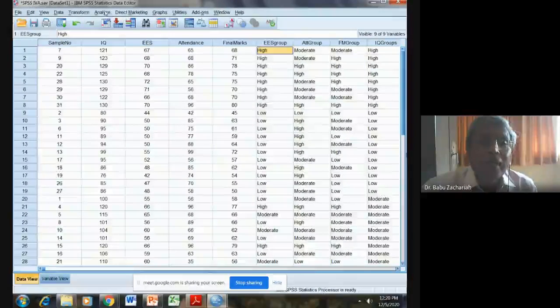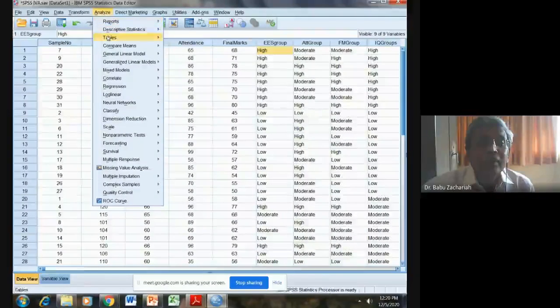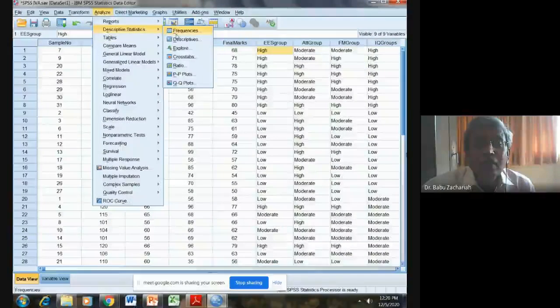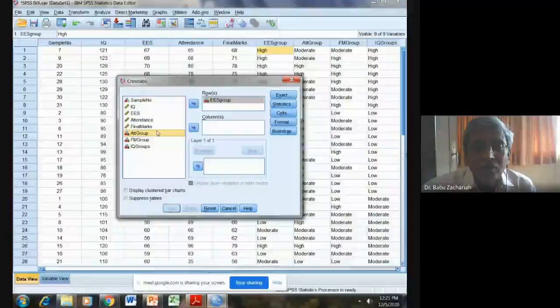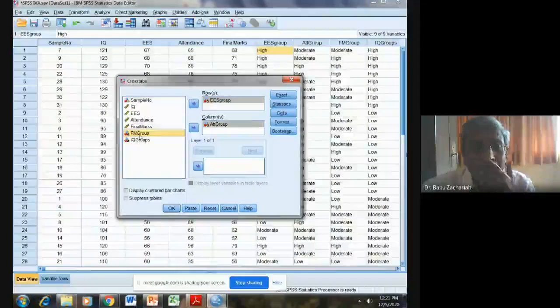In the Analyze menu, you will get Crosstabs. So these 4 groups which you have created should be used. EES group in the row, attendance group in the column, and FM group, final marks group, in layer 1.